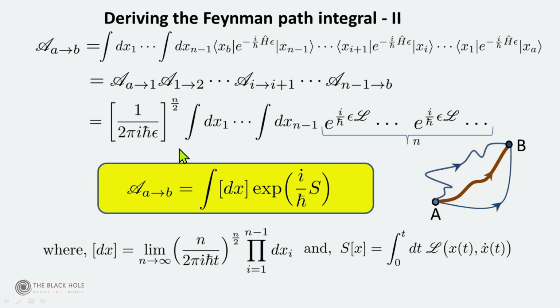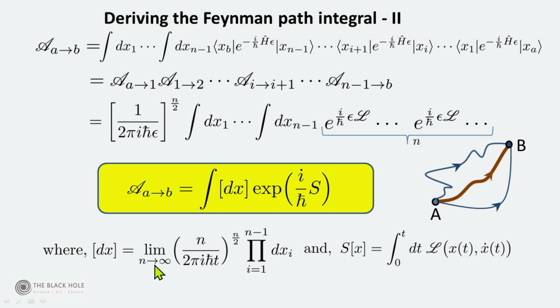We're done actually, because we have now derived the Feynman path integral. So it's the amplitude from a to b, the integral dx e to the i over h bar S, where what is this dx? This is the limit as n goes to infinity.